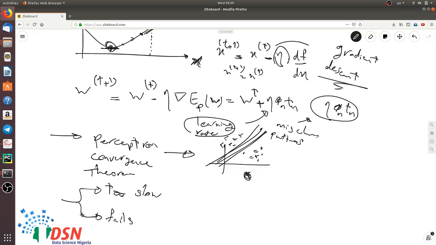And also we cannot interpret the output as probabilistic outputs.